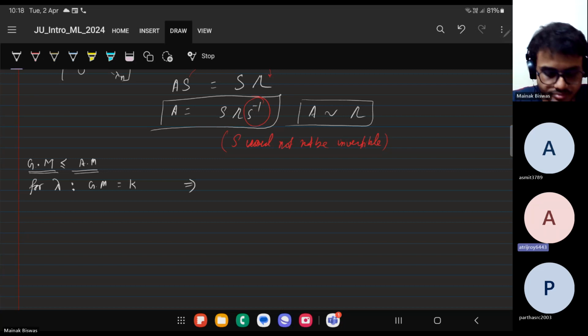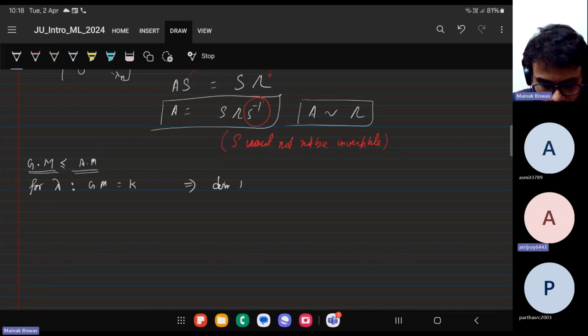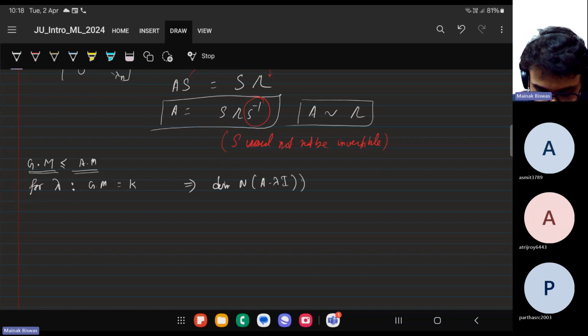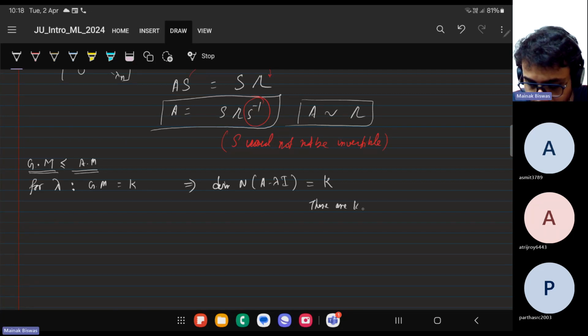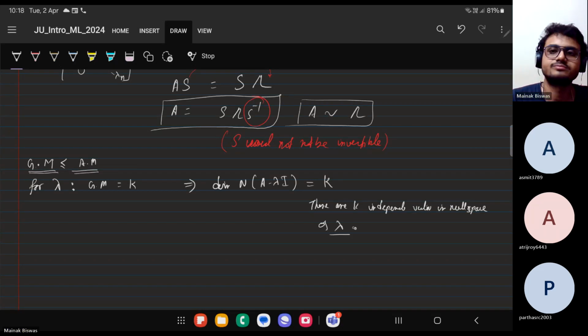Dimension of null space of A minus lambda I is equal to k. Yes, k. Which means there are k independent vectors in the null space of lambda. Do you agree? Yes.